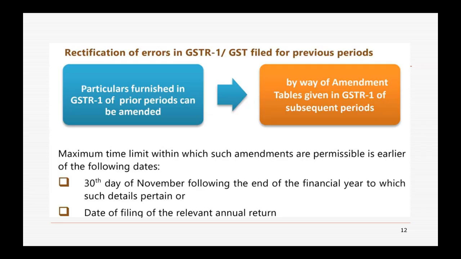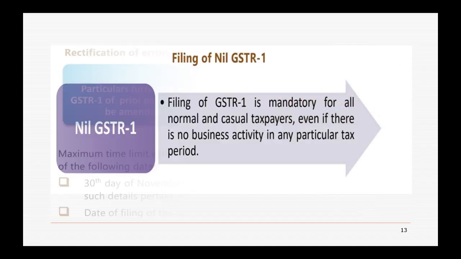And the return filing already I told you. For any rectification of error, sometimes even if we have not amended the invoice but there are some errors, you can do it up to 30th November of the following financial year. At the end of the financial year, say 2024-25, I have to make a correction up to November and before the due date of filing the annual return.